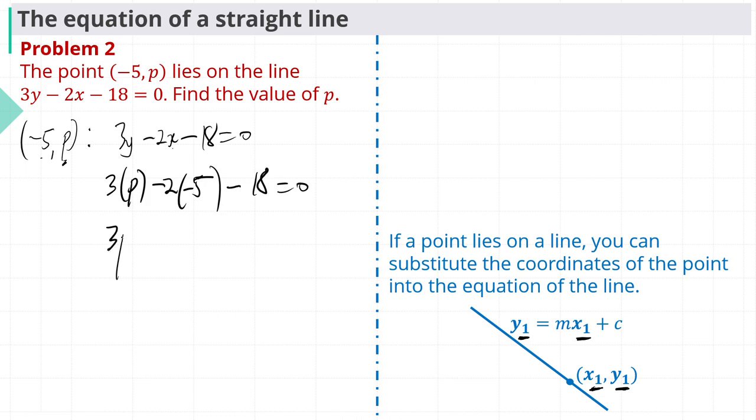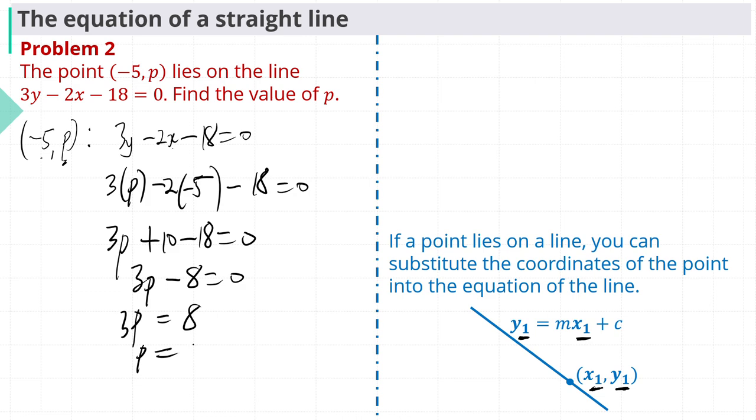So we get 3p plus 10 minus 18 equals 0, which in turn gives 3p minus 8 equals 0. When we divide both sides by 3, we get p to be 8 divided by 3. So this is the value of p.